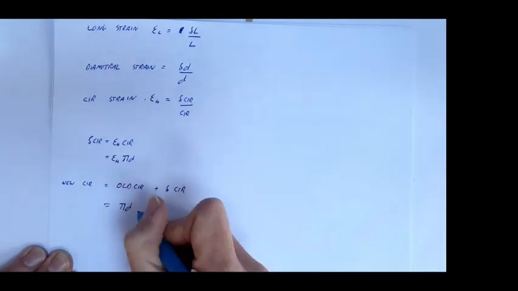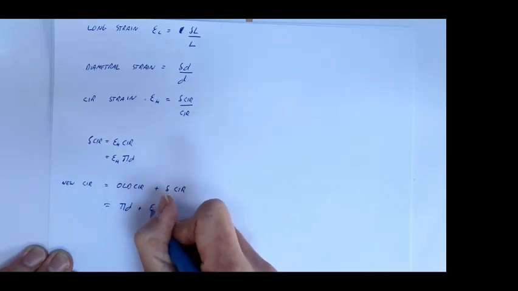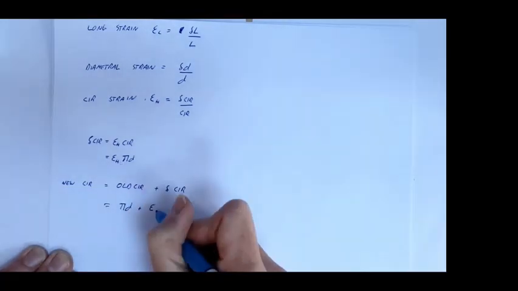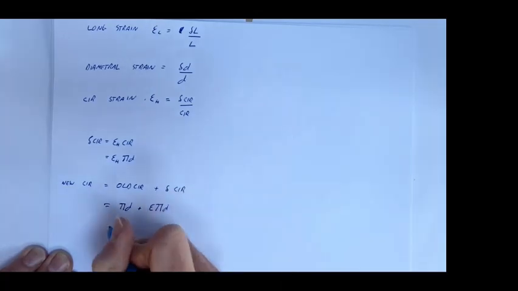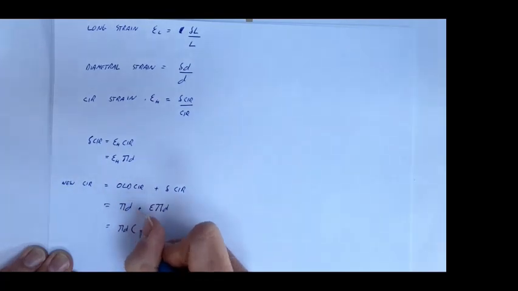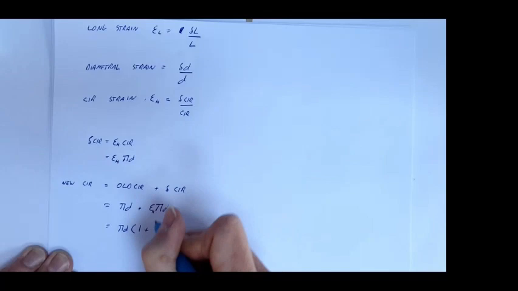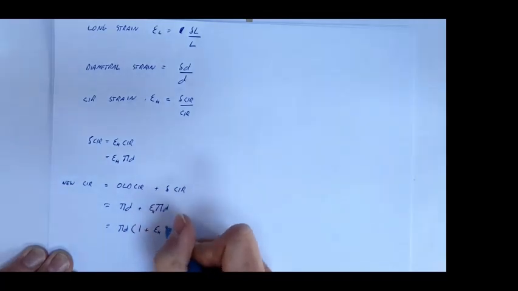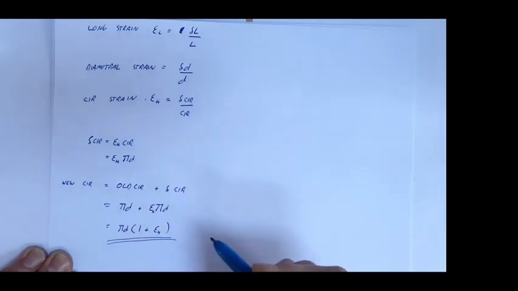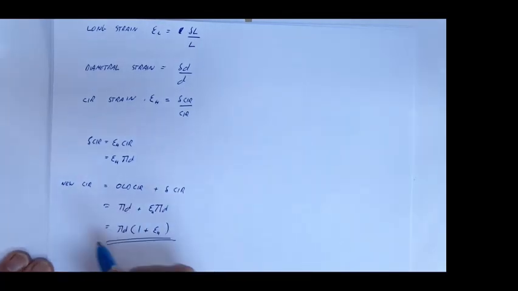The change in circumference is simply the hoop strain times pi d. Clearly we can factorize that. We can take pi d out. We've got pi d times 1 plus the hoop strain, and that is going to be the new circumference. So the old circumference was pi d.